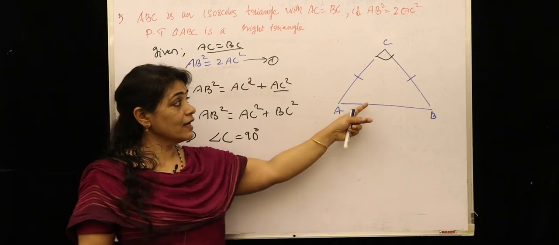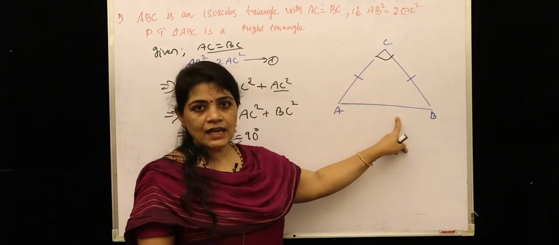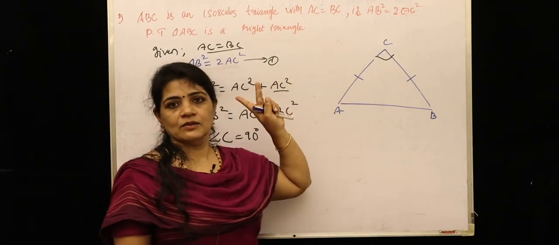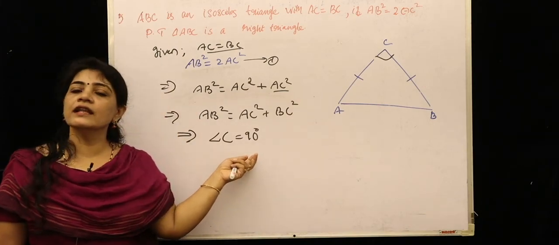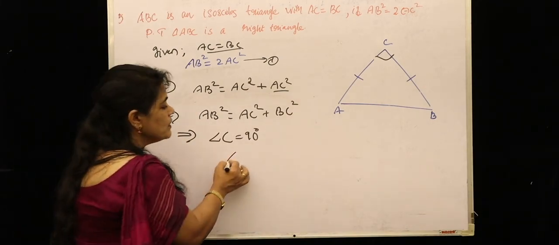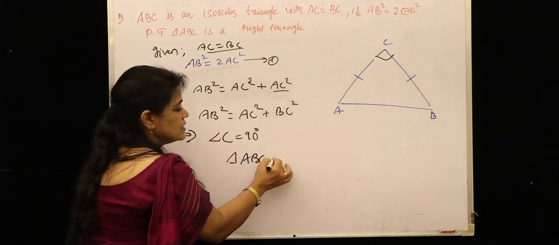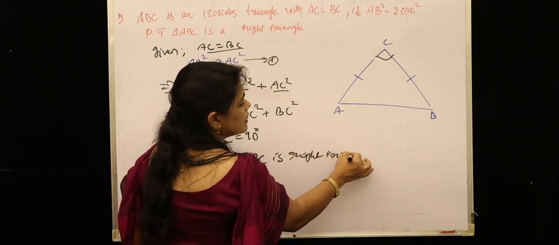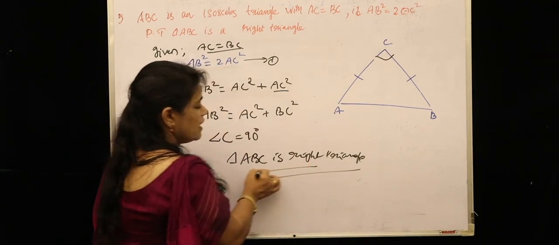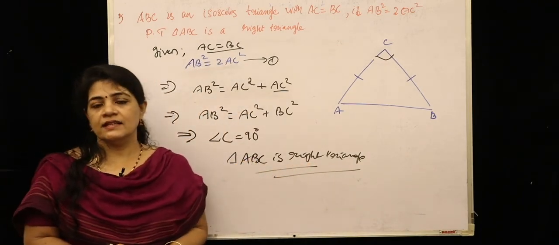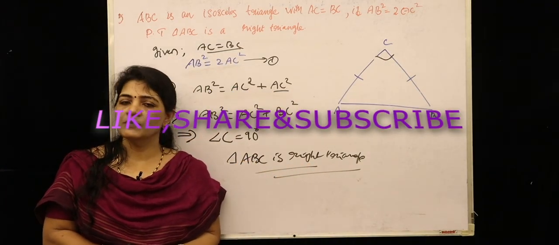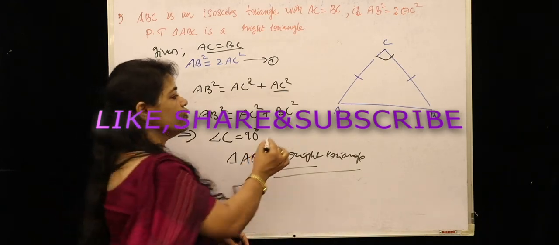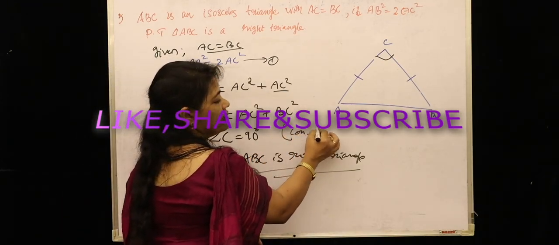Here the angle opposite to AB is angle C. So angle C equal to 90 degree means triangle ABC is a right triangle. That is the required proof: triangle ABC is a right triangle, just because of the converse of Pythagoras theorem.